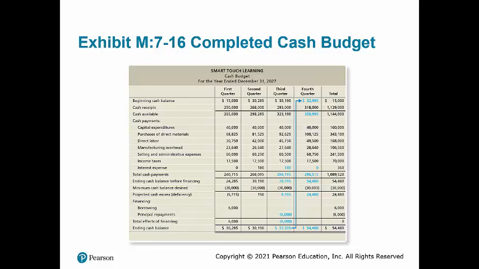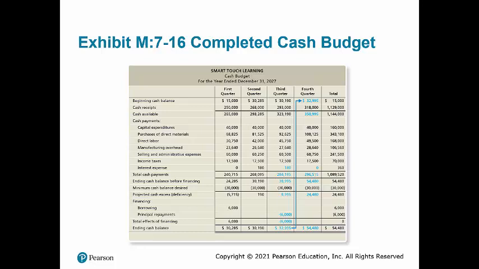We see at the end of the fourth quarter that the ending cash balance for Smart Touch Learning is $54,480.